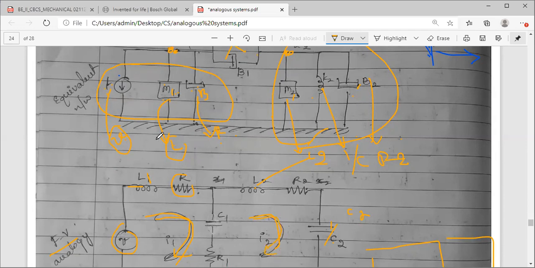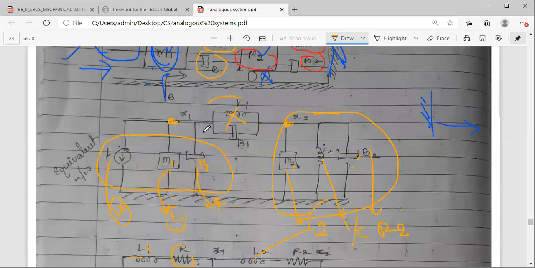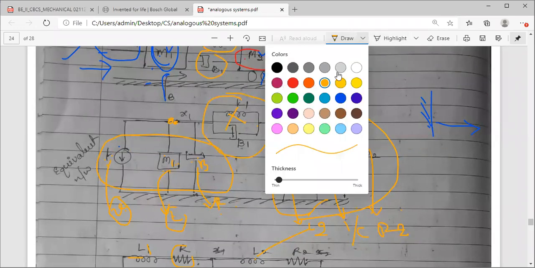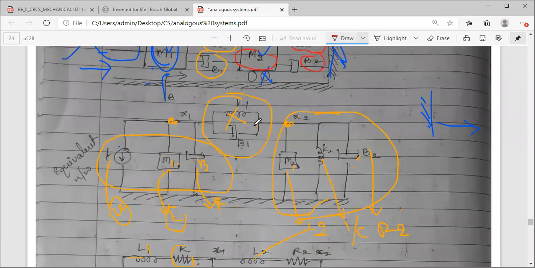Two currents are there, two loops are there, hence two nodes, two masses, two loops. Now coming to the third point, the shared elements between two nodes. So how should the shared elements be? Here they are in parallel. First let's see what the equivalent is. For K it is 1 by C, right?